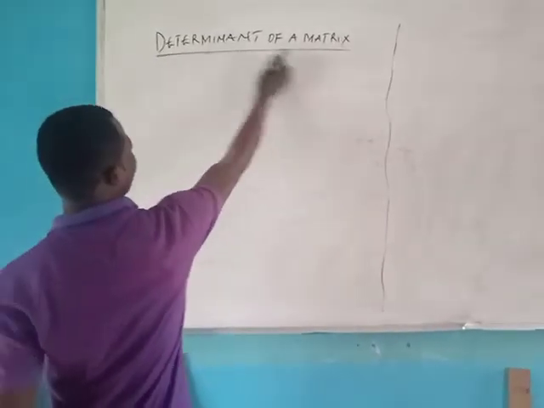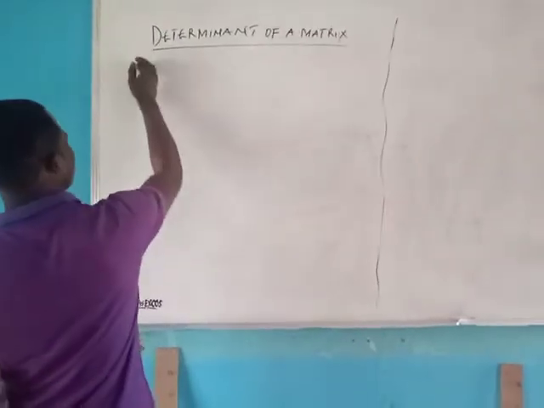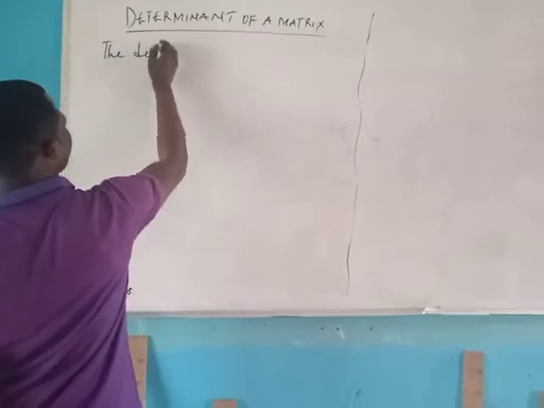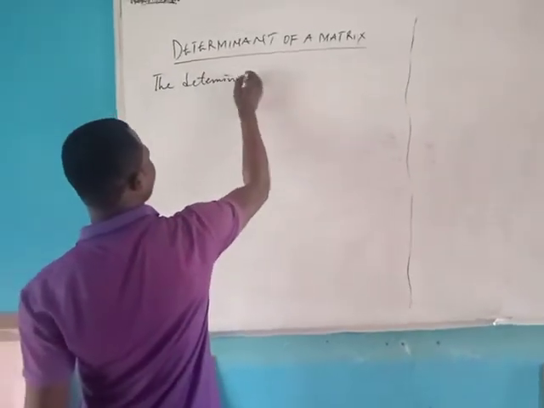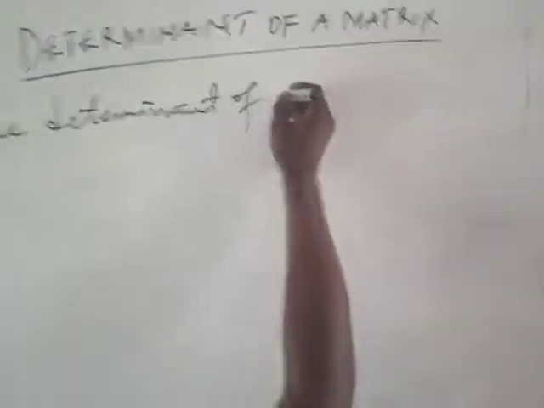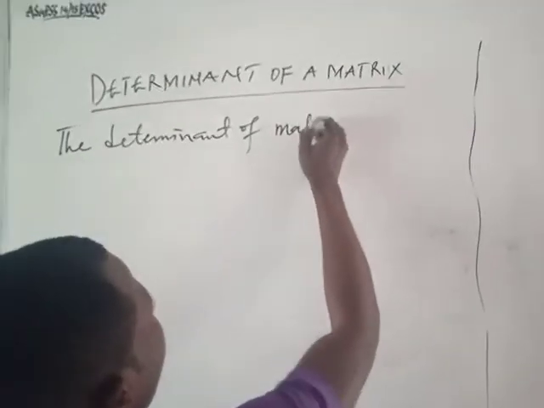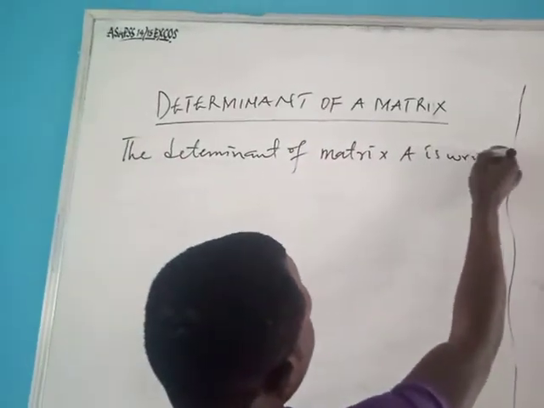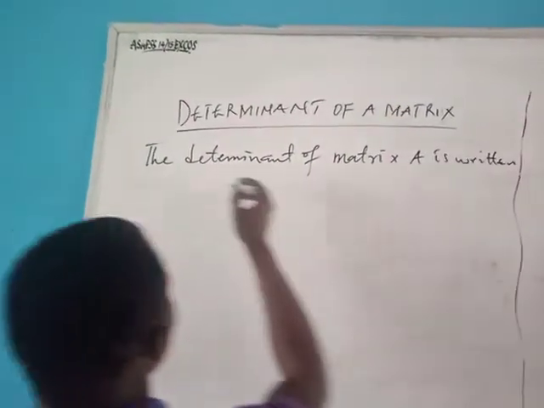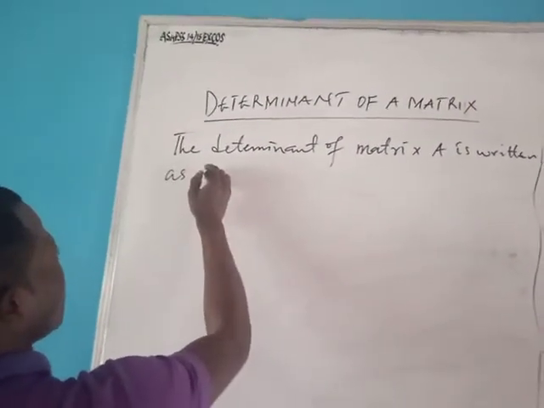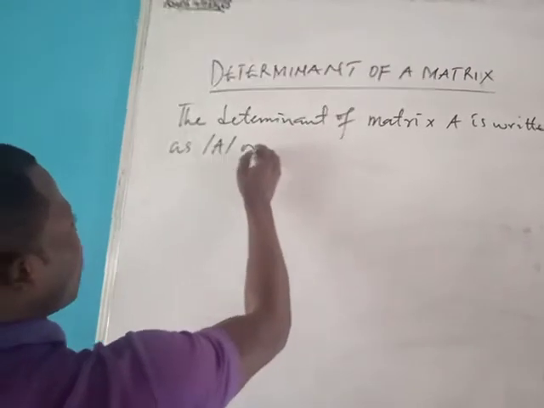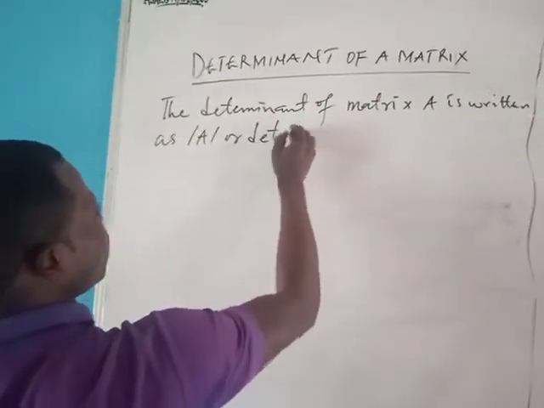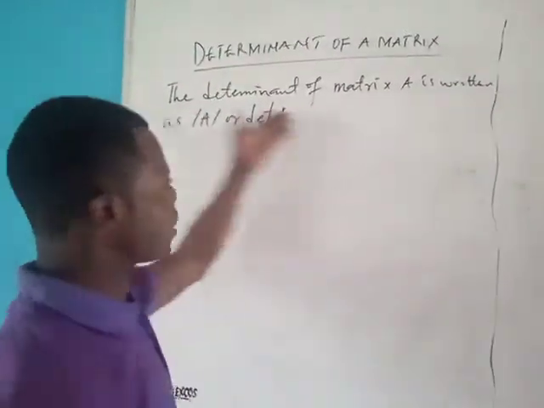So the determinant of matrix A is written as |A|, or det A. You can write it like this.